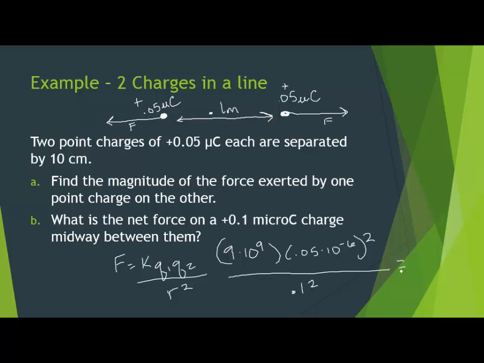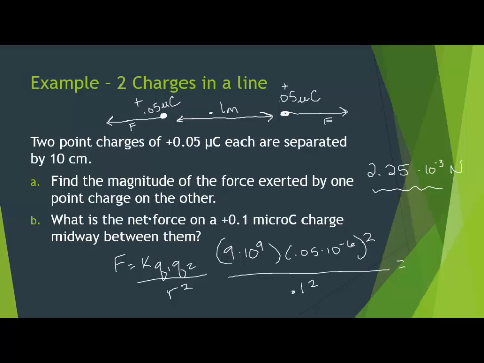Whenever you have 2 point charges like this, it's super easy. And the answer I get is 2.25. You can either put times 10 to the negative third newtons or millinewtons. I guess millinewtons is not a very common unit, but the force that you get from 2 point charges is probably going to be pretty tiny. This electric force, because the charges are typically really tiny, is not a huge number a lot of the time.